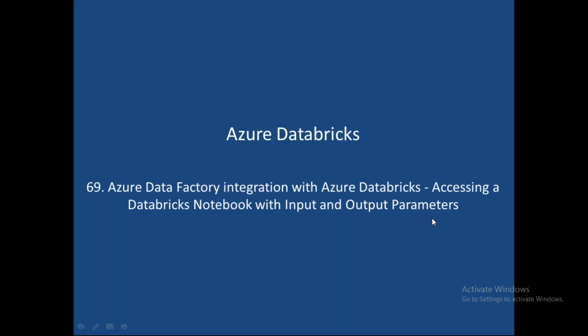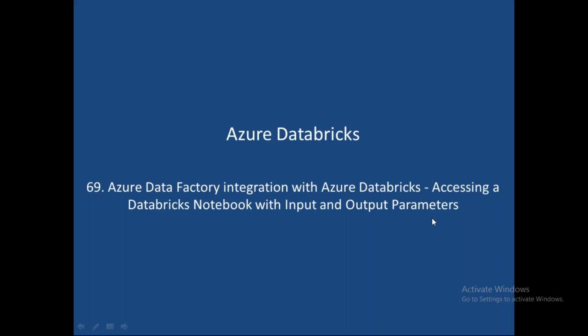Once it has written the data successfully, I want to send some output. Maybe something like "Databricks notebook execution successful". Maybe you want to send the number of records which I've written to my process layer, some 1 billion.